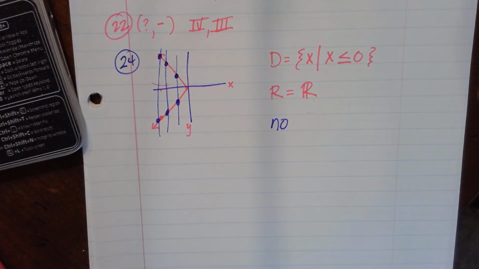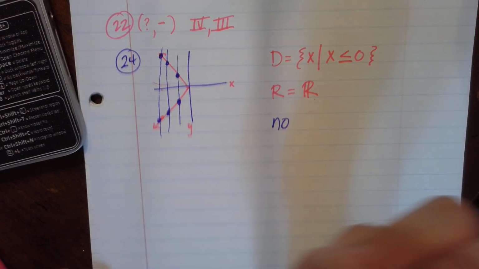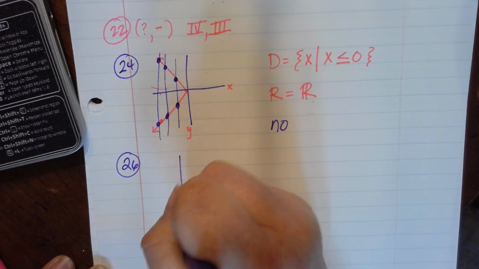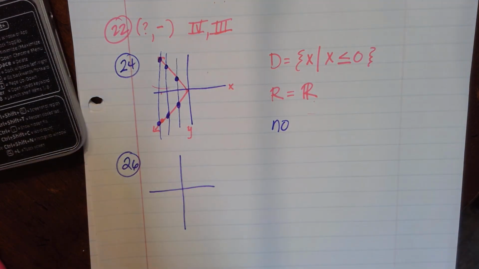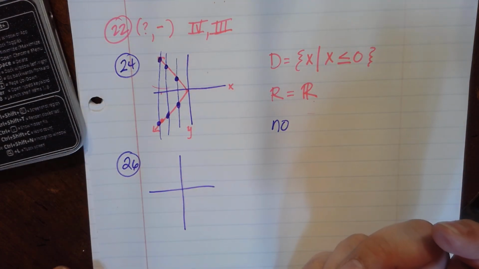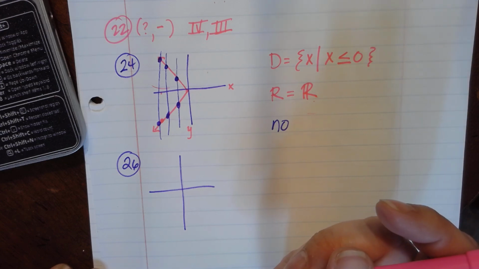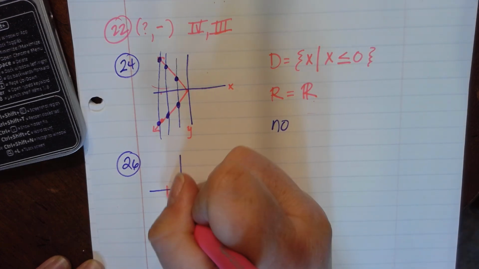All right, so 24. All right, let me go ahead, and 26 is going to look something like this. Again, don't draw this. All right, so here's my Cartesian plane. 1, 2, 3, 4. 2, 3, 4.